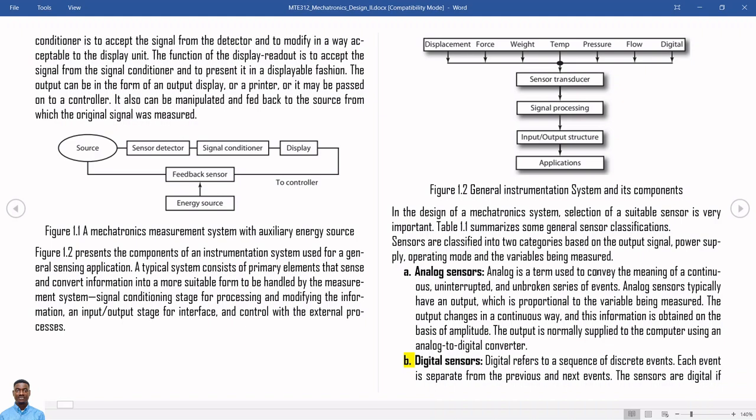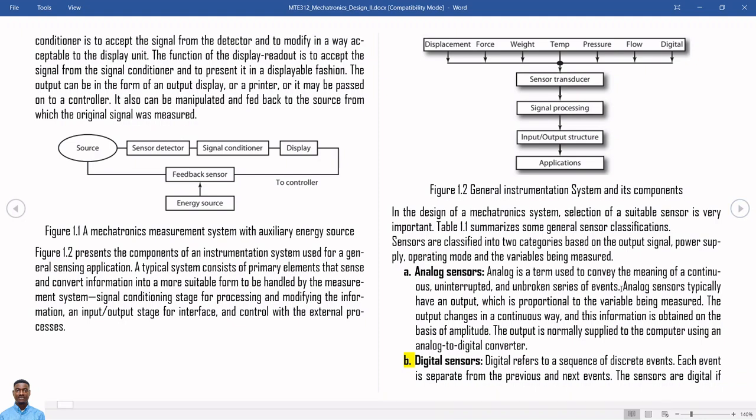For instance, when you rev your vehicle, if you look at the revolution dial on your instrumentation panel, you see that the revolution just keeps increasing in that manner. Those are analog signals in nature. They are continuous, uninterrupted series of events.